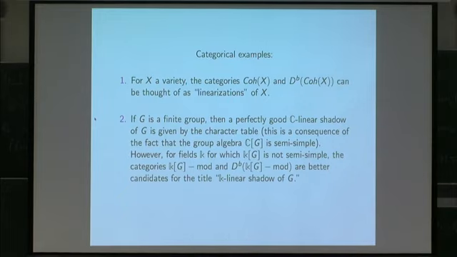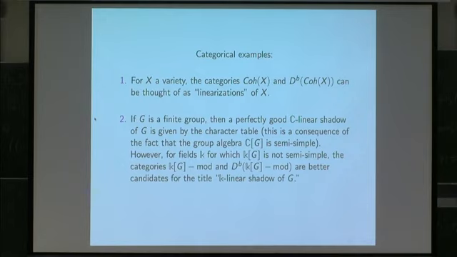Maybe slightly more subtle: if you use a finite group, and you're working over a field of characteristic 0 and you want a characteristic 0 linearization of your group, well, the character table gives you one. That's a slightly obscure way of saying that the group algebra of G is semi-simple.